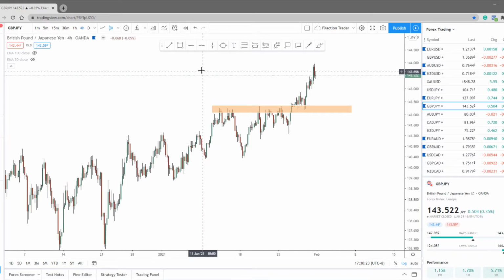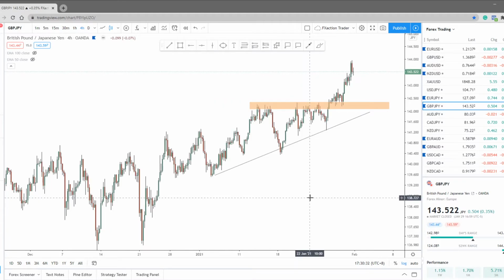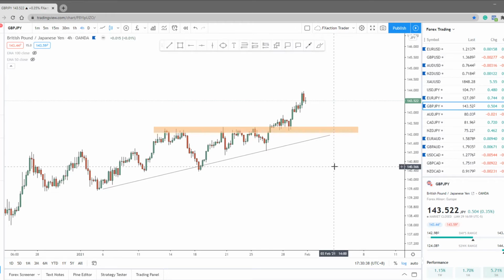And before that, what we can see is that market is also in a very strong uptrend where market keeps on creating new higher highs and new higher lows. So as a trend trader or as a price action trader, we do not buy here. All right, we have to wait for the price to pull back and show us the signs or the signals for trend continuation.